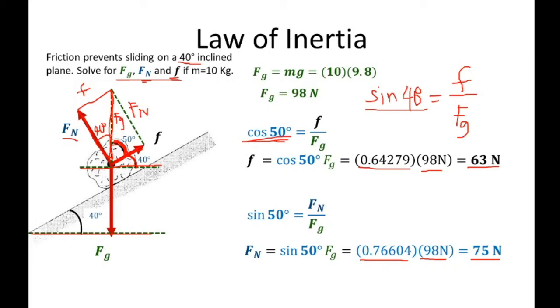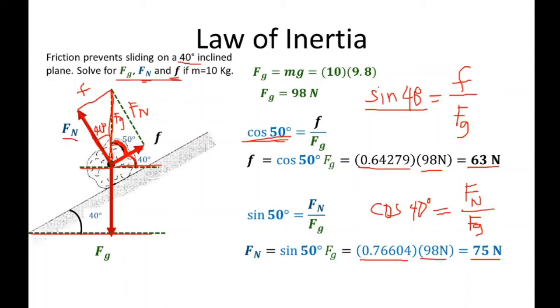And then for this one here, our Fn is adjacent to the angle, so that will be cosine 40 degrees is equal to Fn, or adjacent, over hypotenuse, which is Fg. So this is now in favor with our given. We just happen to use cosine 50 because it is how we got our first right triangle from the drawing.